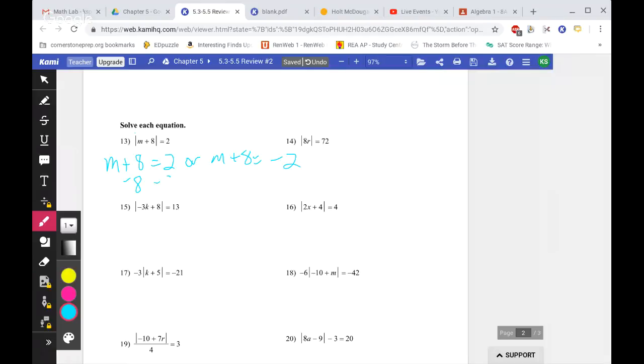I'm going to subtract 8 from both sides. And I have m equals negative 6. I'm going to subtract 8 from both sides. And here I have m equals negative 10. So the answer to number 13 is m equals negative 6 or m equals negative 10.